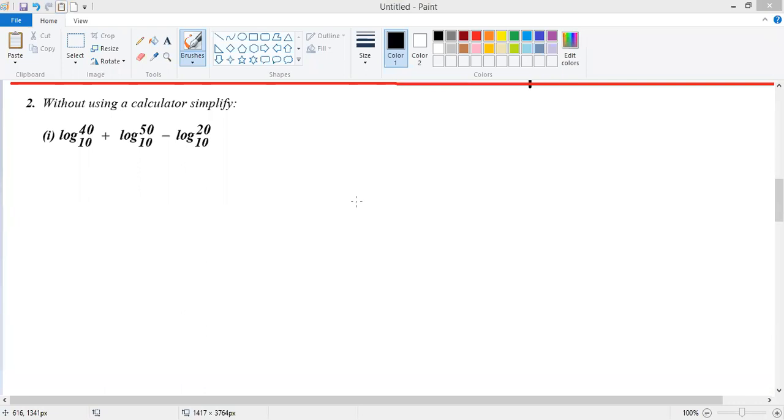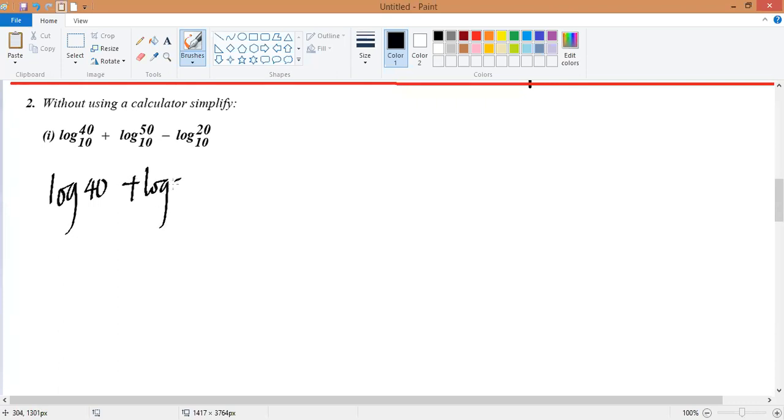Since all the bases are the same, then we can remove them. We can just say log of 40 plus log of 50 minus log of 20.